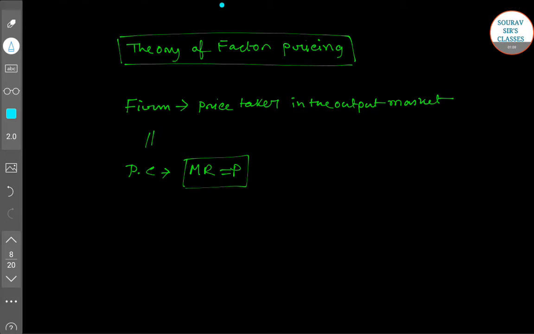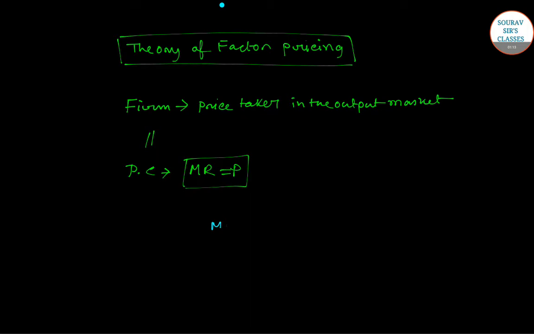So from here we can write, MRP for example K is equal to small r. Instead of this we can write MR into MPP K equals small r.